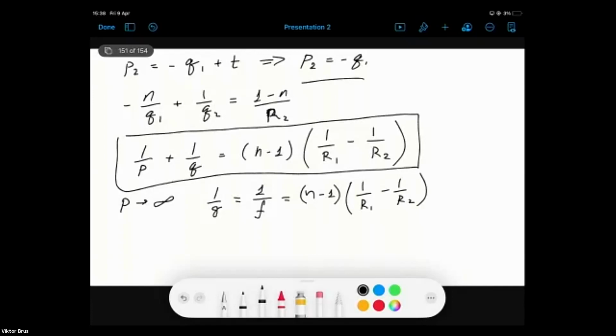So this F is the focal distance. We already know this parameter as a characteristic of spherical mirrors.